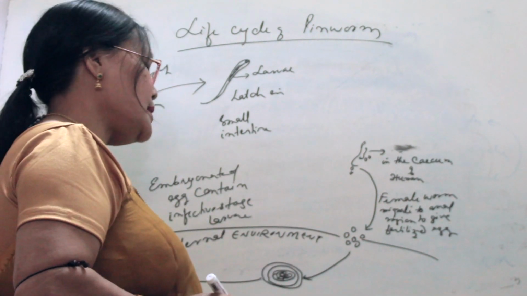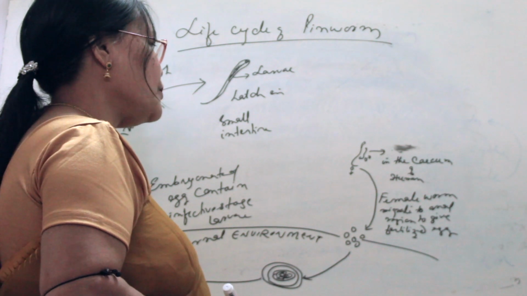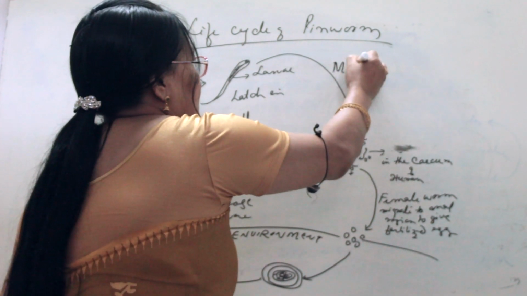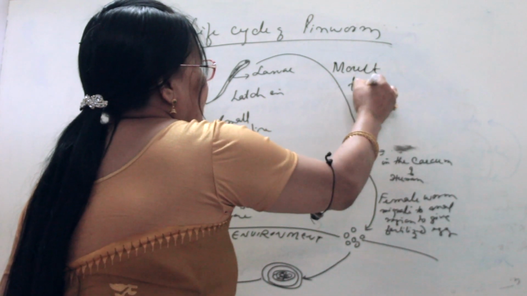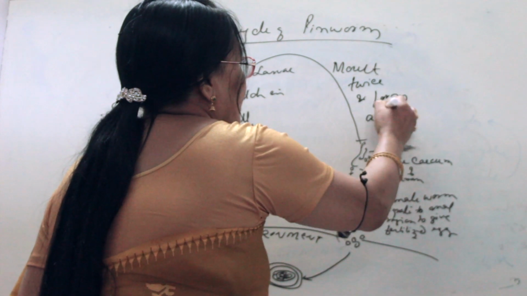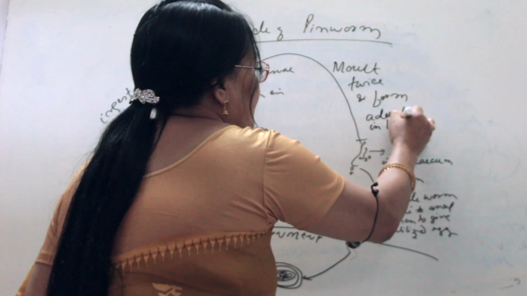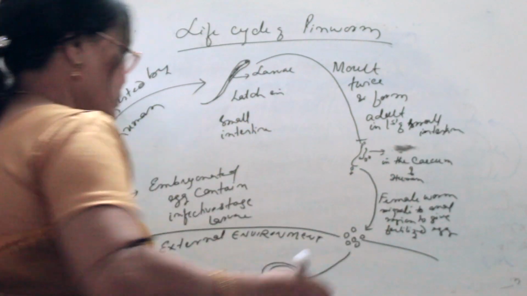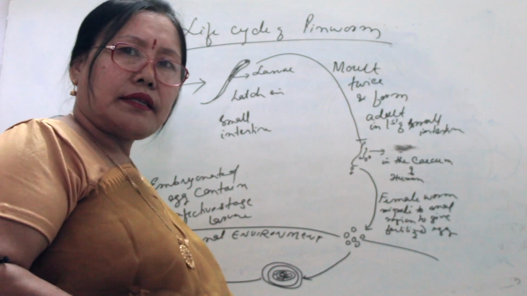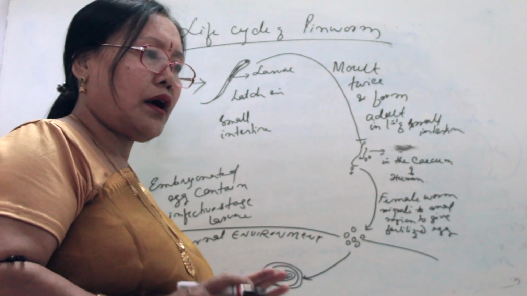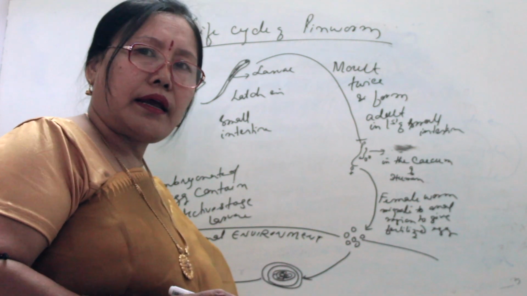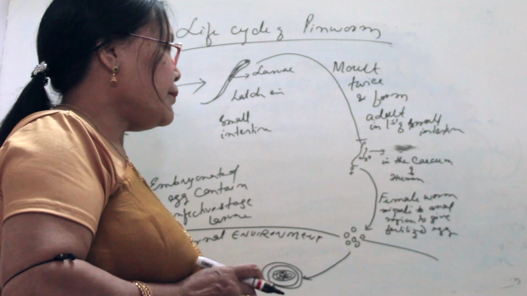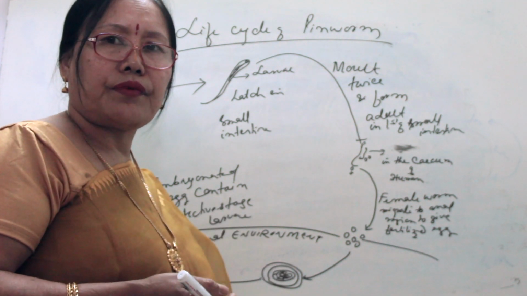After the hatching of this larva, it moves to the first part of the small intestine, and during this journey the larva molts twice and forms an adult in the first part of the small intestine, where the male and female worms develop as full-formed adults. The male and female worms mate, and the female worm migrates to the anal region to give out the fertilized eggs.